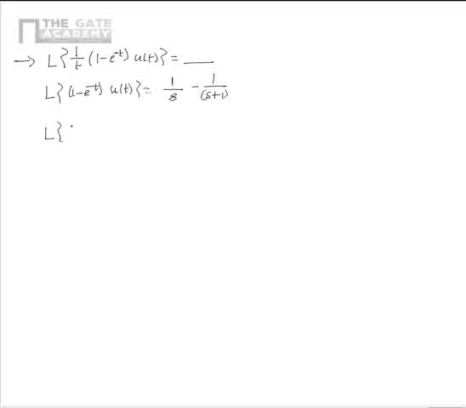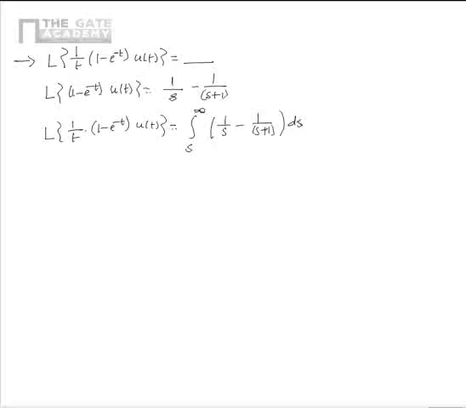From this, the Laplace transform of 1 by t multiplied by (1 minus e power minus t) u(t) is equal to the integral from s to infinity of (1 by s minus 1 by s plus 1) ds.